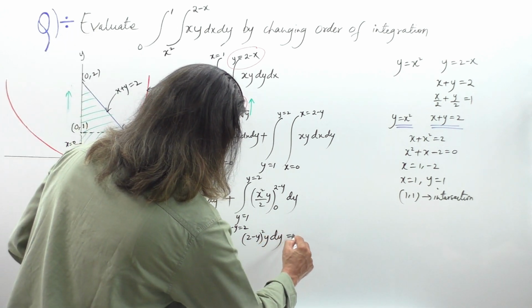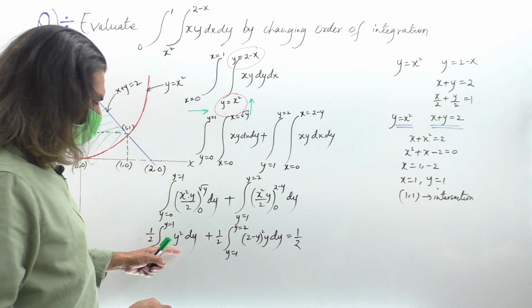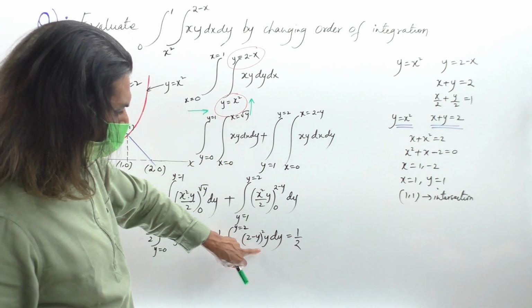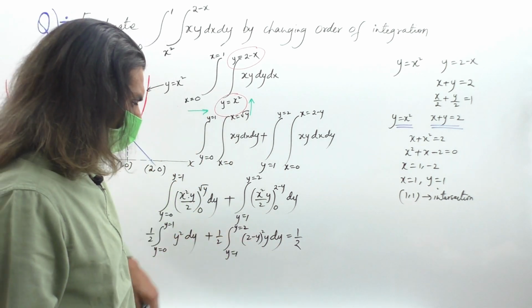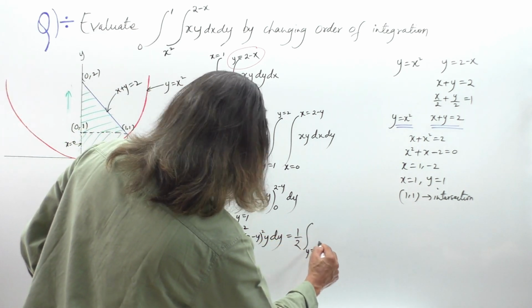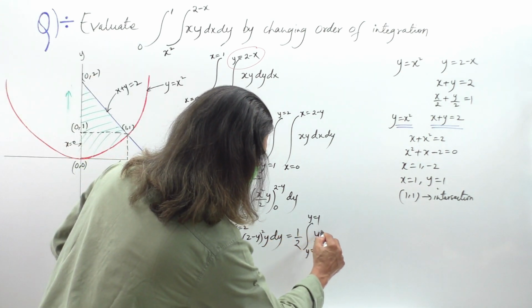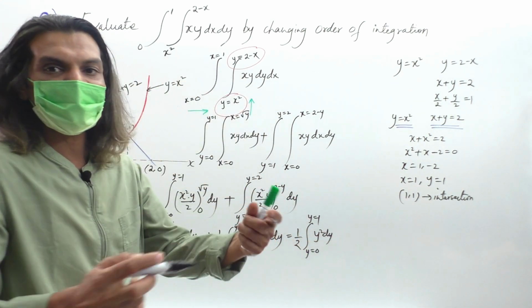Now this can again be written as 1 by 2. So before integrating, I will simplify this inside. Now this becomes y is equal to 0 to y is equal to 1. I'll keep the first as it is, later I'll simplify this and then integrate with respect to y.